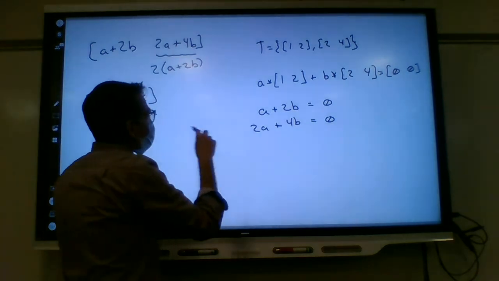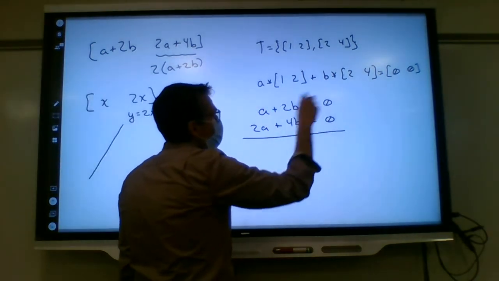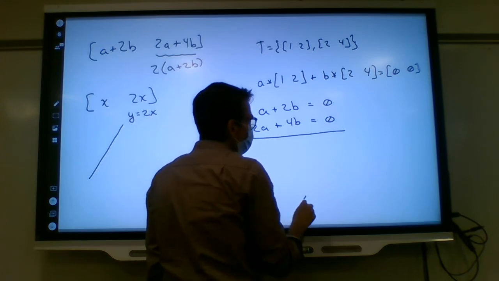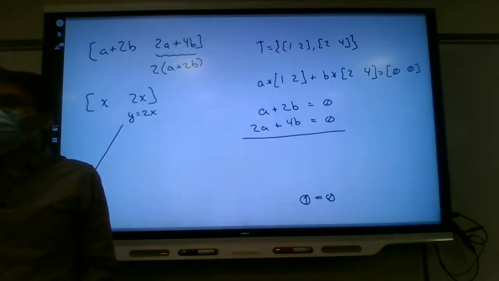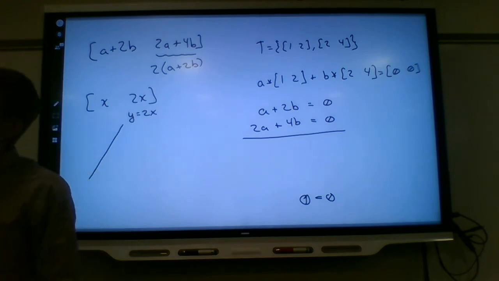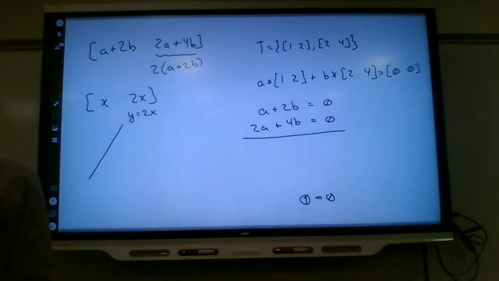And if we do the subtraction that we just did with multiplying by -2, we end up down here somewhere with 0 equals 0, which means what? In a system of equations, when you get 0 equals 0, what does that mean? If you get 2 equals 0, then you know there's a problem, right? There's no solution.